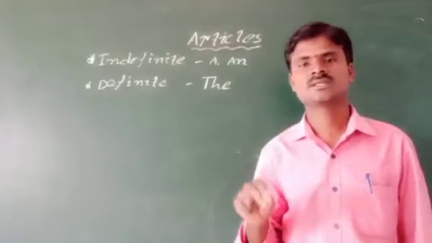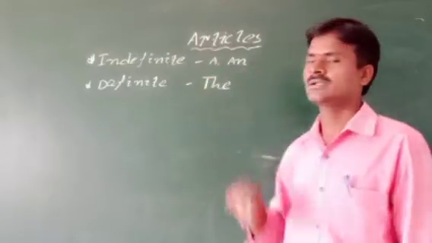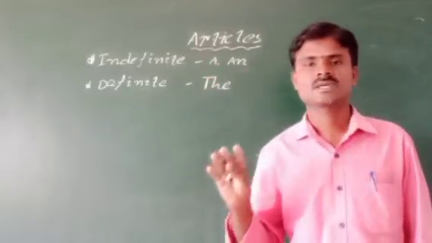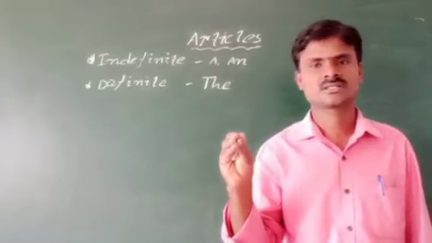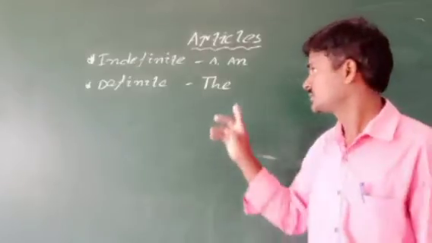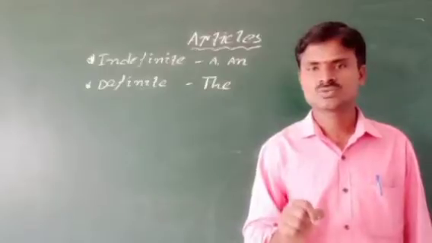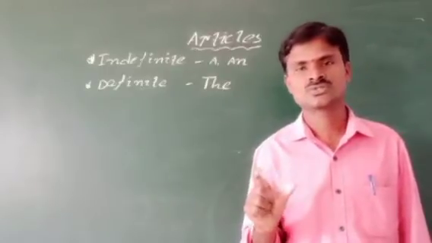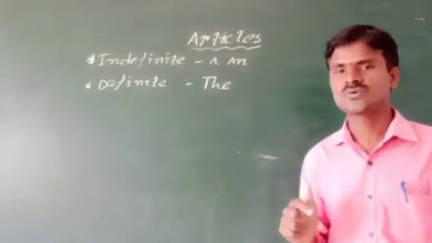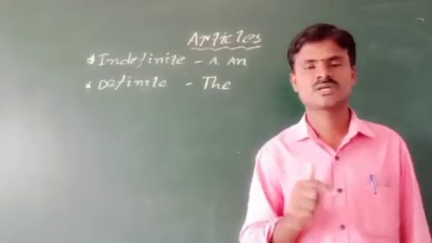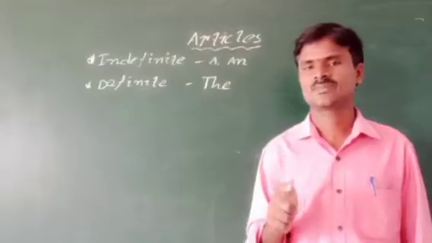If the thing is not familiar to us, we use a or an. For the definite article, if you know that person or that thing, you use the. See where we can use a and where we can use an, and before which words we have to use which article. This is very important.